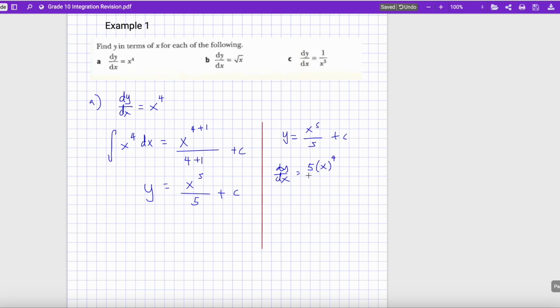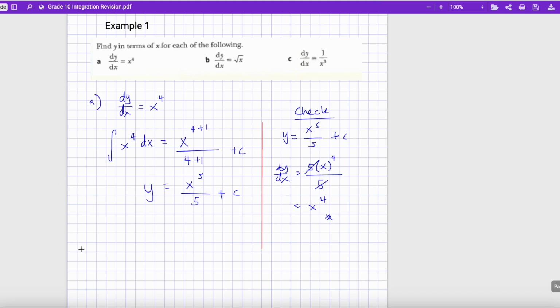The over 5 still exists there, we didn't do anything with it. The c will be gone. c is just some value, like 2, 3, 5, 0.5, half, so that will be gone when you differentiate. Cleaning this up, you see that the 5 and 5 cancel out, so we have x^4, which is exactly what we had in the beginning. This is how we check that our integration is correct.